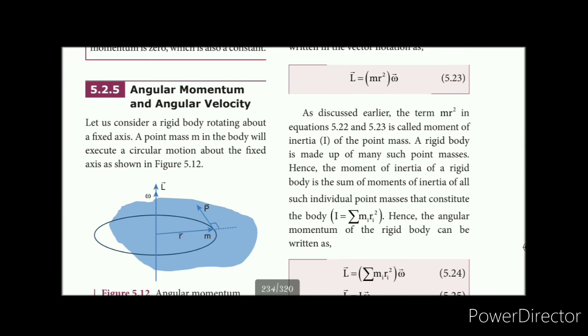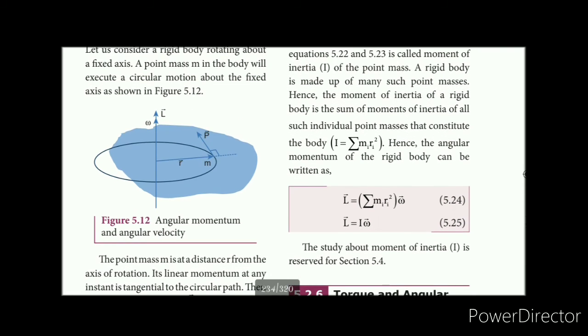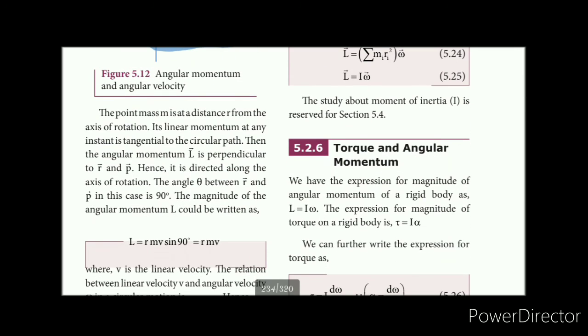Angular momentum and angular velocity. What is the relation between angular momentum and angular velocity? This is one of the 3-mark questions. If an object is rotating in circular motion, there must be a radius, a mass, and an angular velocity. So what is L?